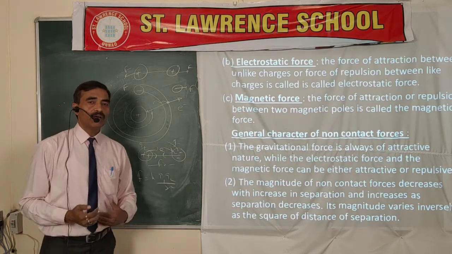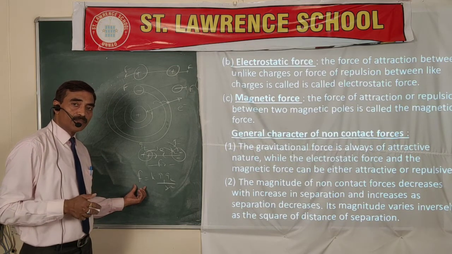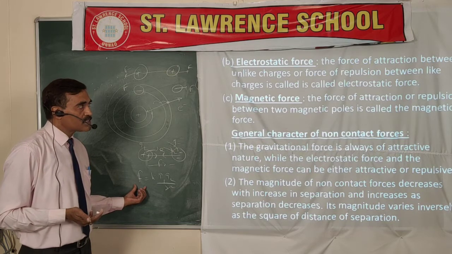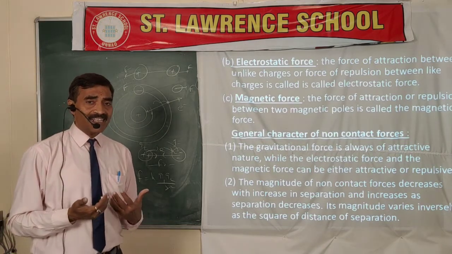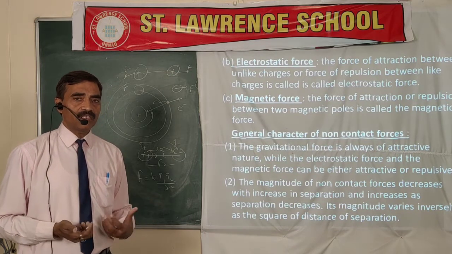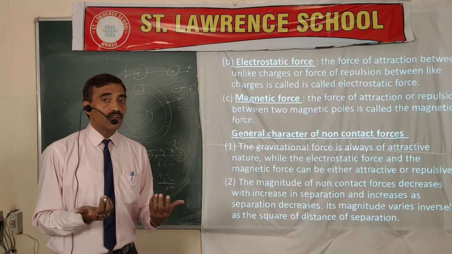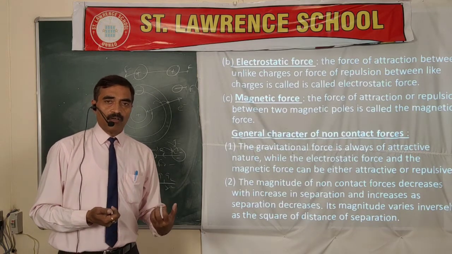This is the formula for the force between the two charges, and in this case the force may be attractive as well as repulsive. Whenever the two charges are of the same nature, they repel, and when they are of opposite nature, they attract, and that is known as the electrostatic force. And these are non-contact forces because at a certain distance they attract or repel each other.